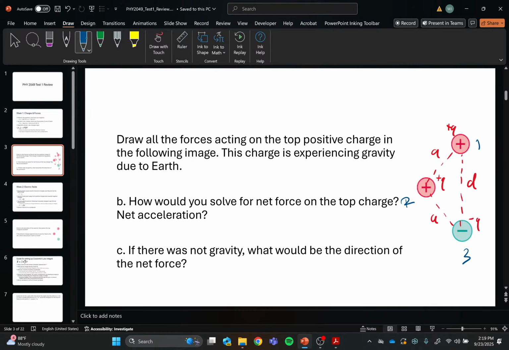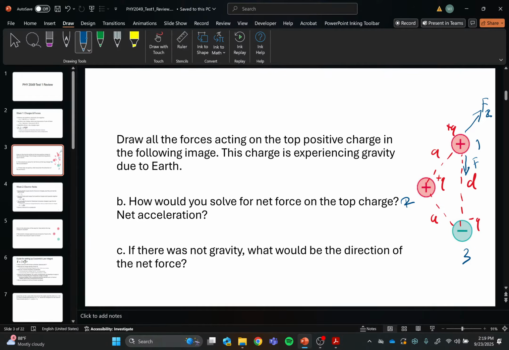Number 1 is a positive charge, and so is number 2. And we know that positive and positive repel each other, so number 1 is going to be moved away. So that's F1. And then we have charge 3, which is negative, and we know that positive and negative attract each other, so we're going to have a force pulling it down.